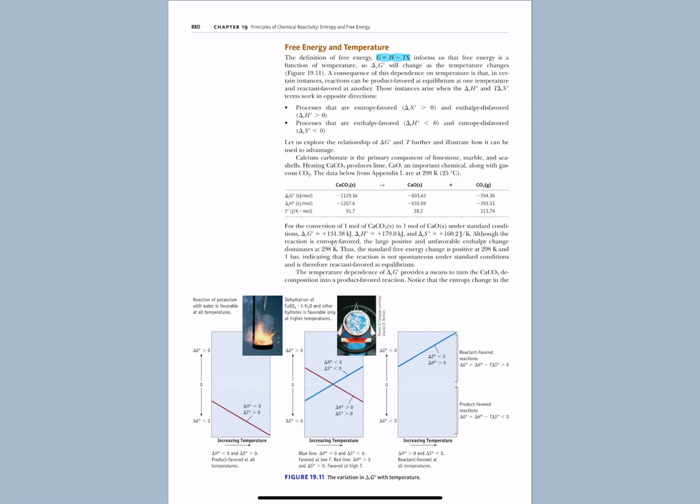Now, an interesting question would be, since there are a lot of things or processes such as freezing or evaporation, but also chemical processes that might have the change in heat, whether it's exothermic or endothermic, working at odds with the change in entropy, whether it's becoming more disordered or less disordered.